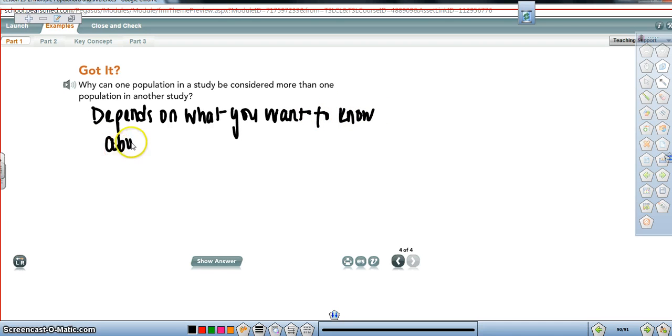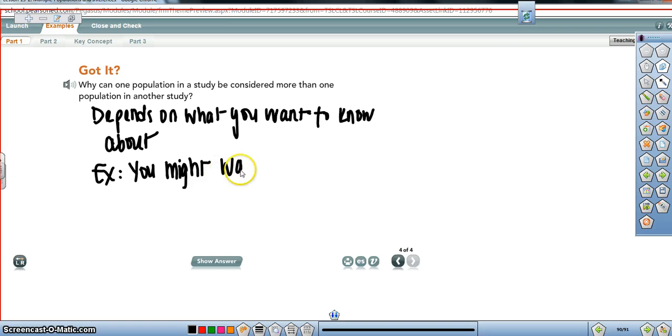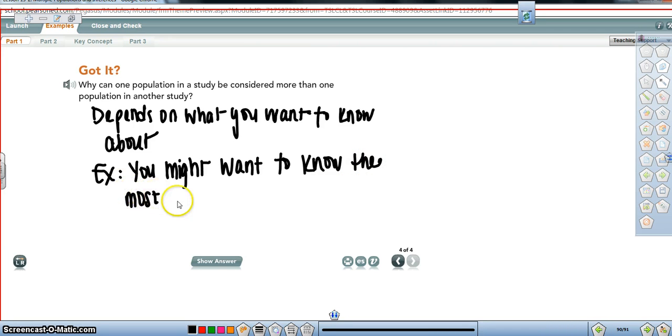One example you could consider is you might want to know the most popular color at your school.